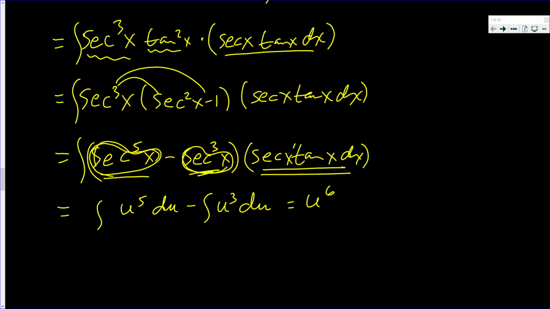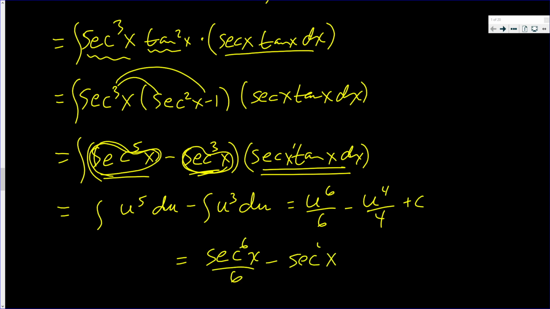Well, this is just u to the 6th over 6 minus u to the 4th over 4 plus c. And I substitute back in secant for u: secant x to the 6th over 6 minus secant x to the 4th over 4 plus a constant. And it worked out perfectly.